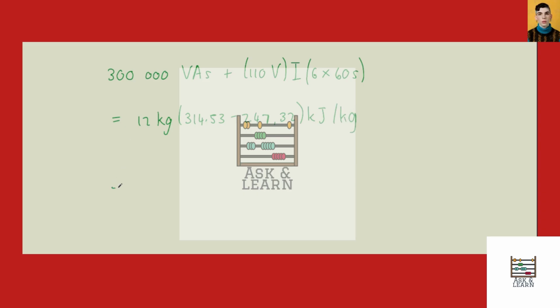And noting that 1000 volt-amperes, or 1 kVA, is equivalent to 1 kilojoule per second, since these are all in SI units, we get our current, which we wish to solve for, I, to be 12.8 amperes.